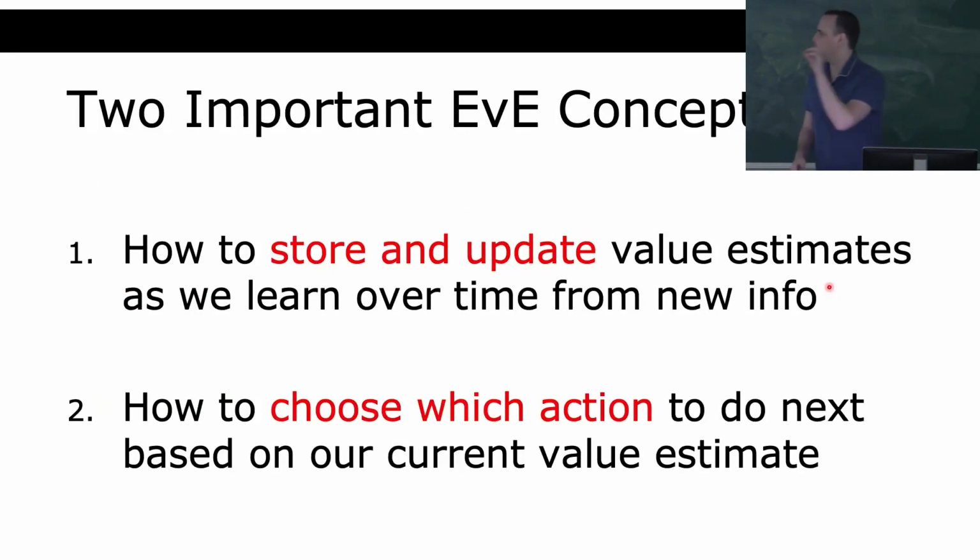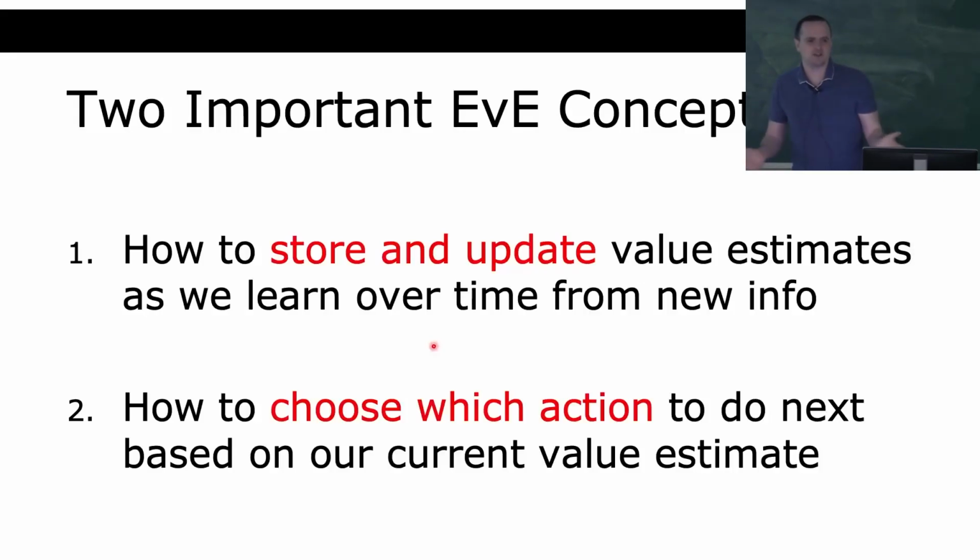So there's two main concepts when it comes to actually, now we're going to start to implement some algorithms to actually store these values and choose actions. The first concept is how to store and update the value estimates as we learn over time from new information. So this is literally, as I pull a slot machine, I get a reward.